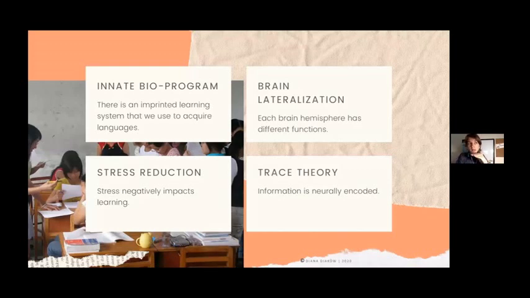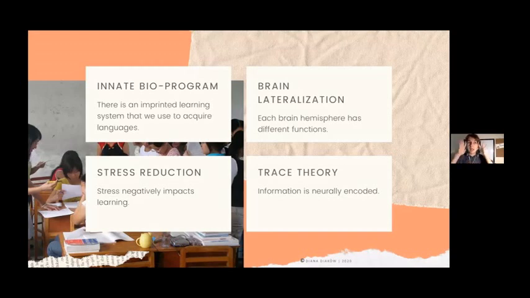And so the underlying fundamental theories of TPR assume that we have an innate biological program that allows us to acquire language, as children have. It kind of comes back to Chomsky, that we have this innate grammar system, and so we develop that regardless of our background. So even students who haven't had any schooling experiences have a high chance to be really successful in acquiring a language.